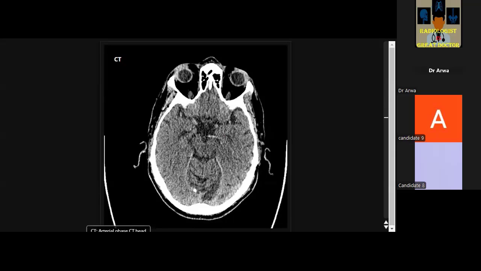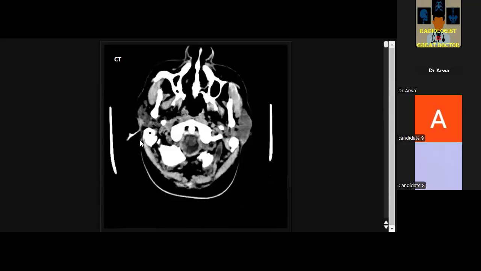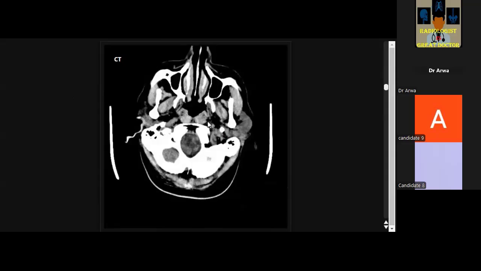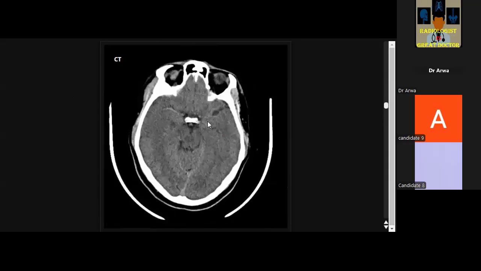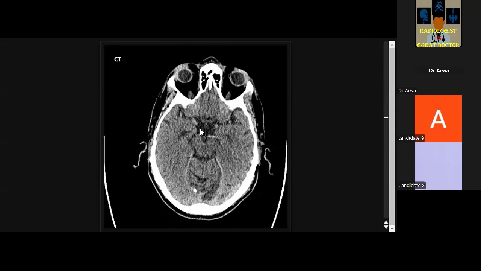So remember, my friends, a typical finding in a typical location. Many of us are used to seeing this dense sign in the middle cerebral artery, but it is unusual to see it in the posterior cerebral artery.